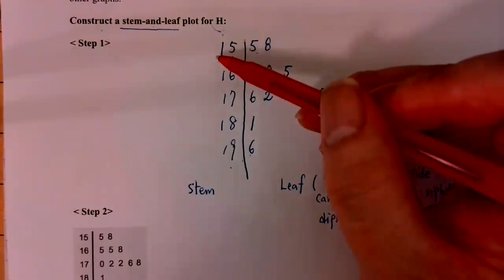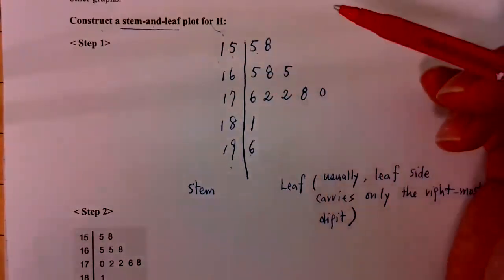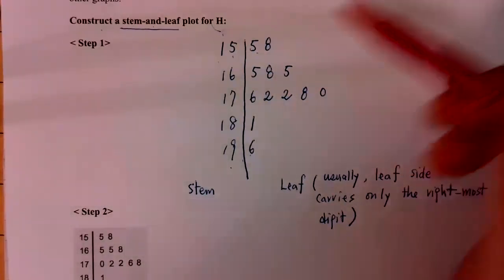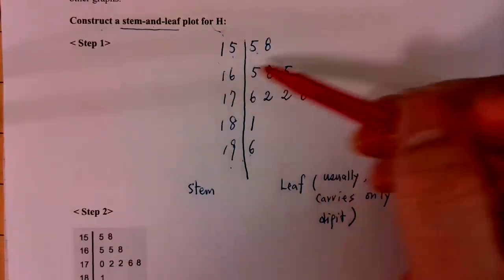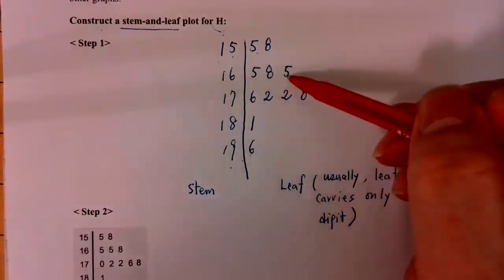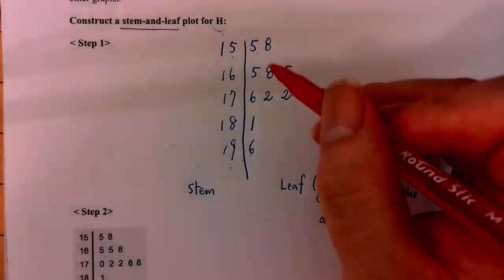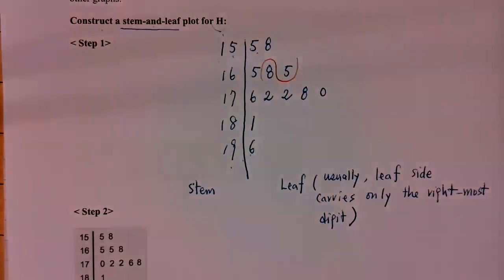So these two numbers, 155, 158, are in correct order, okay? But not these two, 168, 165. These two numbers are not in correct order, so we need to what? Have these two numbers swapped, okay?